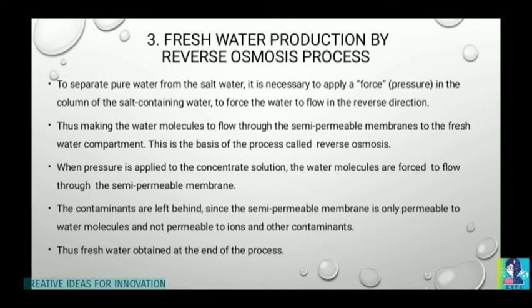Next is freshwater production by the reverse osmosis process. To separate pure water from the salt water, it is necessary to apply a force on the column of salt-containing water, to force the water to flow in the reverse direction, thus making the water molecules flow through the semi-permeable membrane to the freshwater compartment. This is the basis of the process called reverse osmosis.